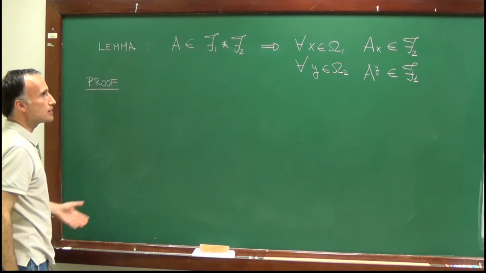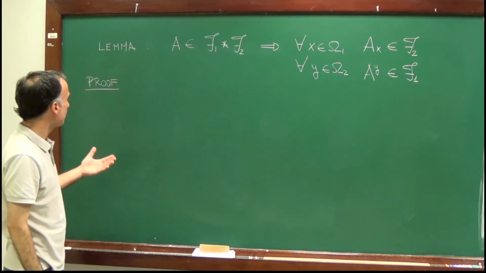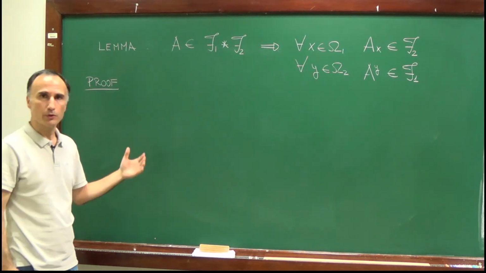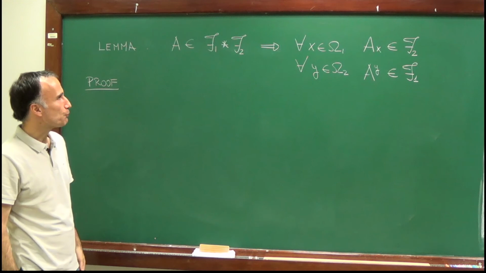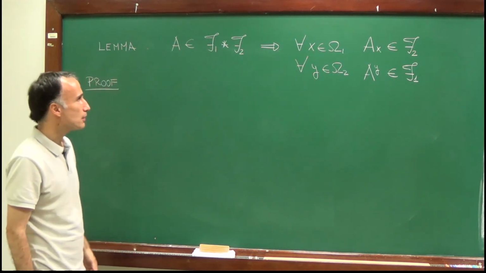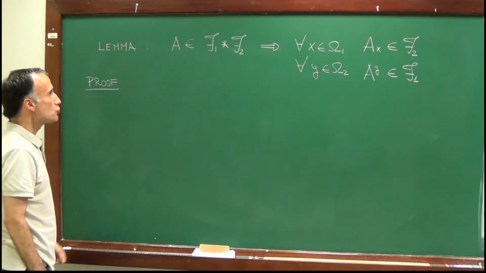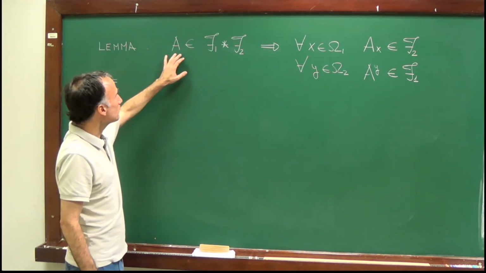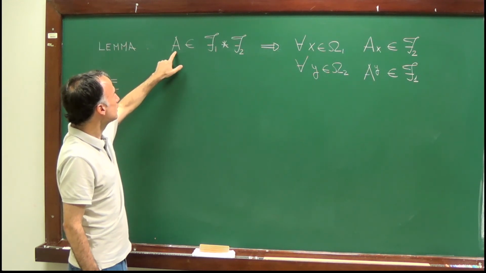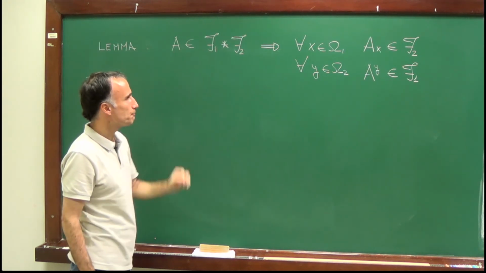The proof is very simple, and the technique I will use in this proof is very important. We used it already at least once, and we certainly will use it many more times. I want to show that a certain property holds for any set in a sigma algebra.